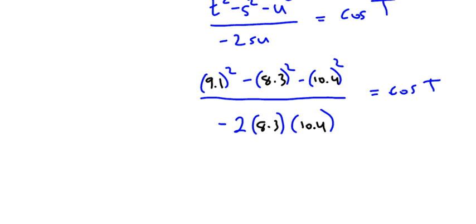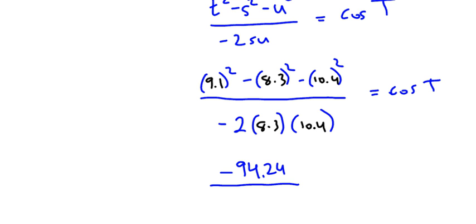So on the top, 9.1 squared minus 8.3 squared minus 10.4 squared. That gives me, on the top in the numerator, negative 94.24. And in the denominator, I'll do negative 2 times 8.3 times 10.4.